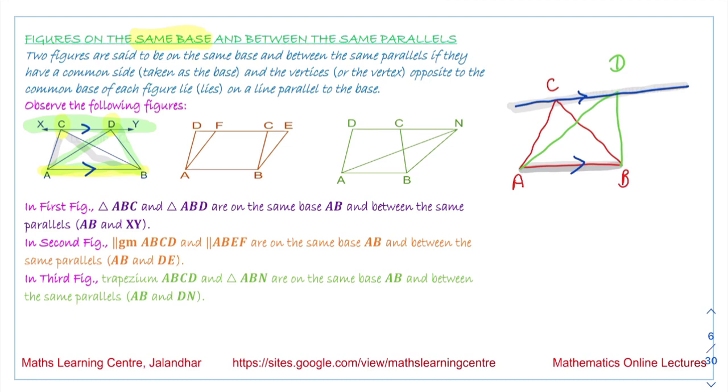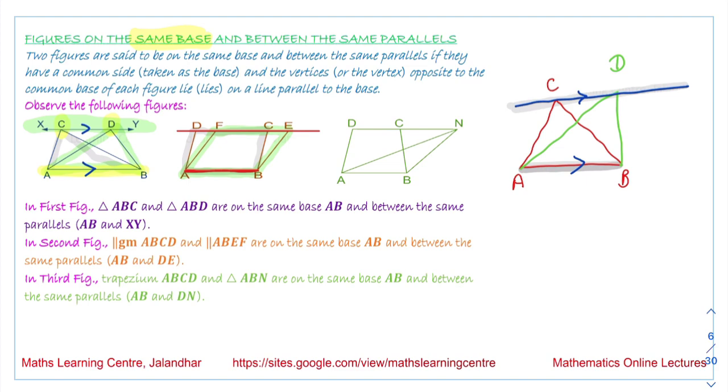In the second example, this is a parallelogram ABCD. We have considered another parallelogram ABEF. Both these parallelograms have the common base AB. And we are talking about a line here, the common parallel line.